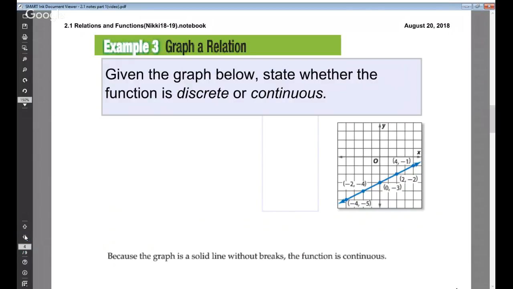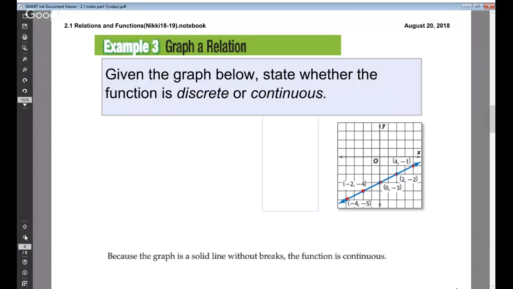So now take a moment, look at the graph on the right, and state whether the function is discrete or continuous. And of course, some of you have already guessed that on the bottom, it already stated the answer. Because the graph is a solid line without breaks, the function is continuous. Some of you may have got stumped because you saw these 5 points right here and thought, oh, those are points, so that might be discrete.